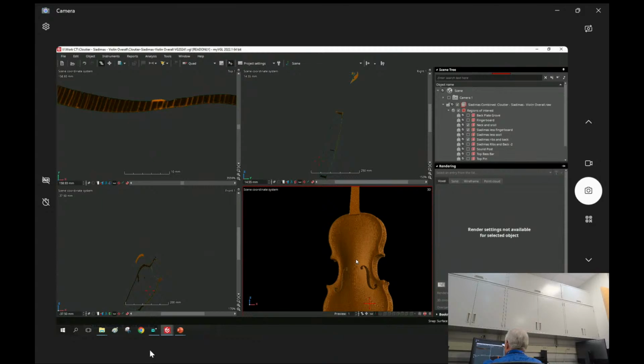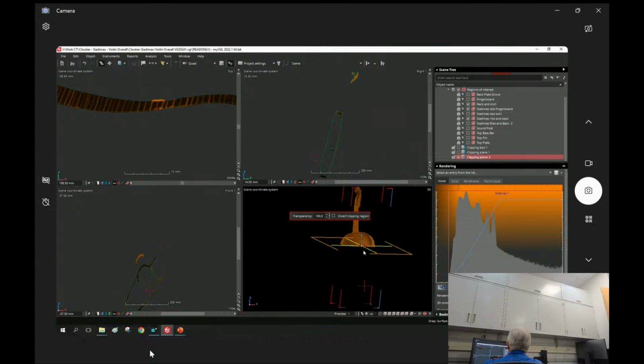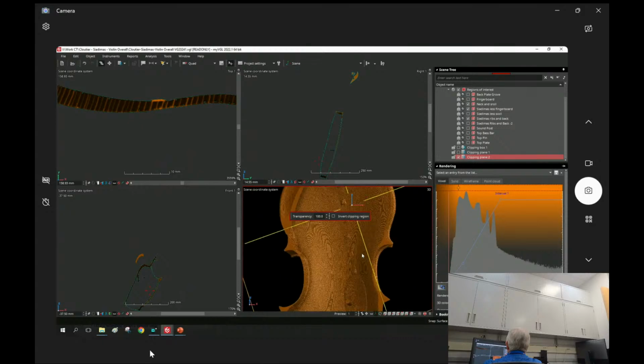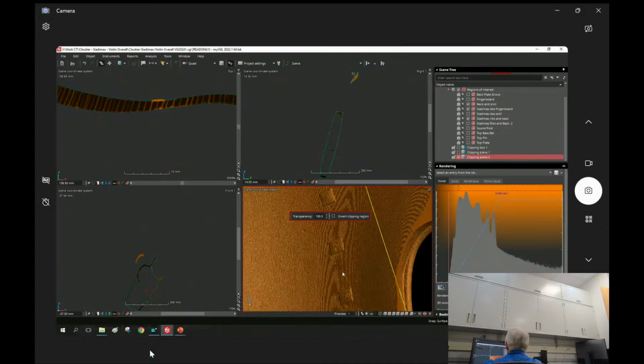I probably have a few too many things open at one time. So with different clipping planes, if I go to the clipping plane, I can rotate that through, see the inside, zoom in. So we can actually see repairs that were done many, many years ago. There was a slight crack through this section that they fixed.